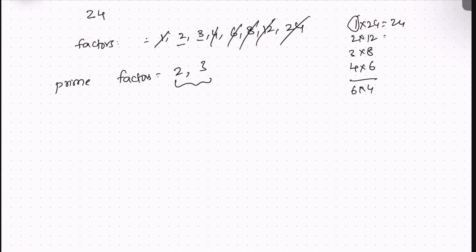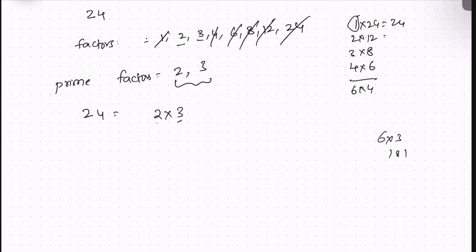Now I need to represent 24 as the multiplication of these prime factors. So 2 times 3 is equal to 6, and for the remaining I have to select factors from here so that I reach 24, right? 6 times 3 is 18.